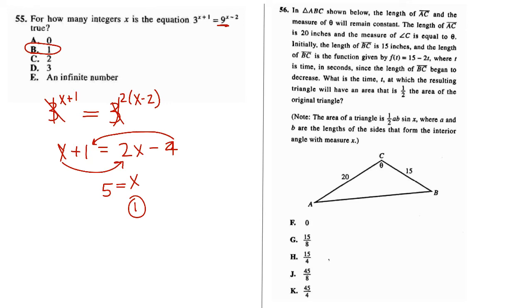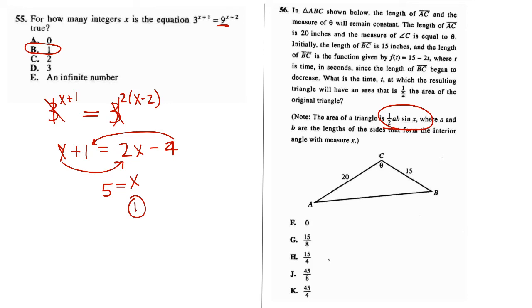All right, number 56 is a hellacious problem. God help us all on this thing. It looks very intimidating. After you read through it, you will see that you have a triangle and you're given an area formula. So here's the area formula. And what we want to know is the original area.